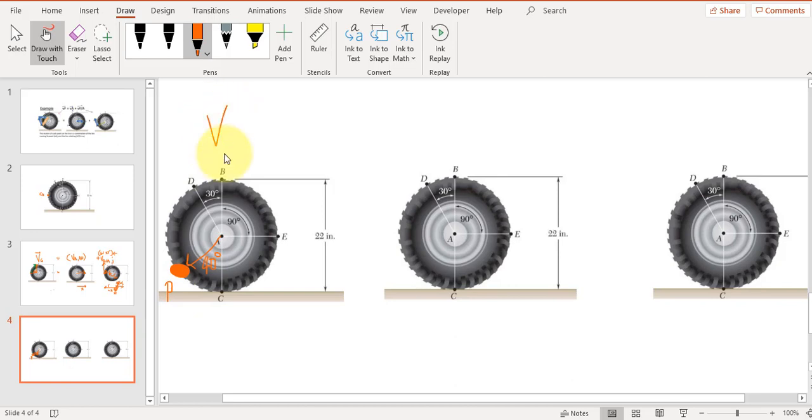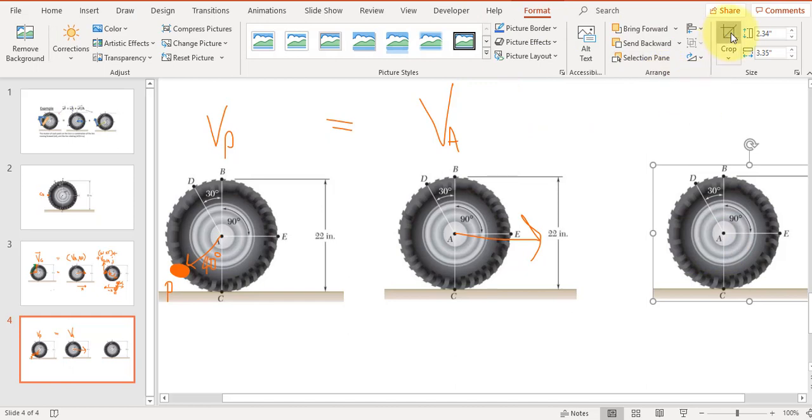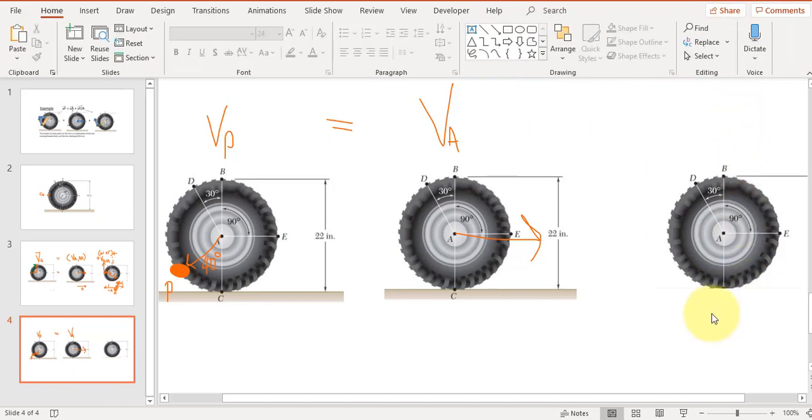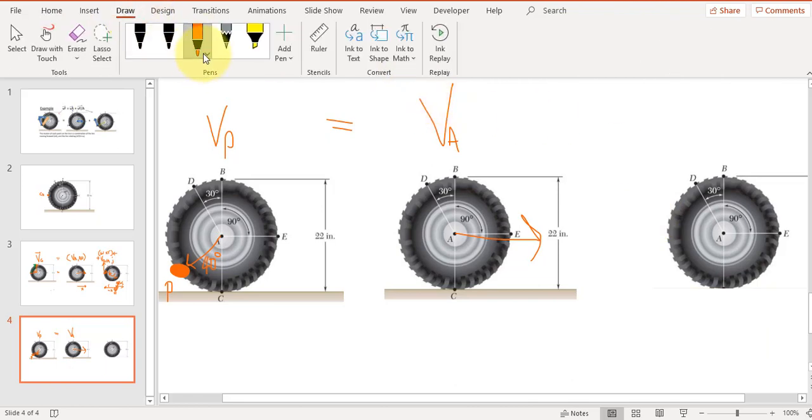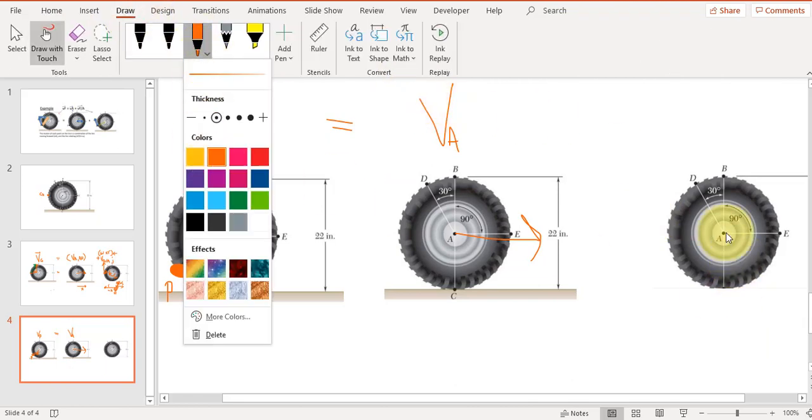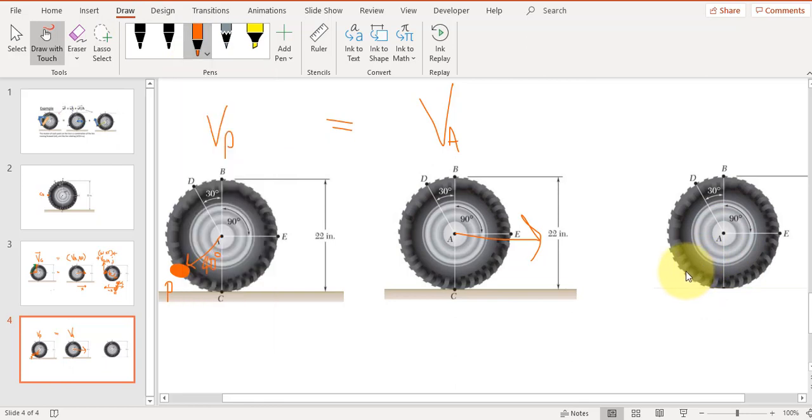So the velocity of point P is going to be equal to the velocity of point A again. So we're going to be adding together translational motion plus, and then remember the rotational motion, we're not worried about it going forward anymore. We're just considering what this point is doing with respect to A. So we have the point down here. This whole thing is rotating forward.